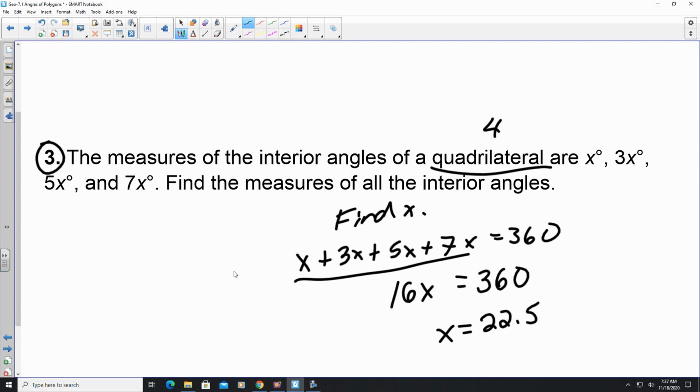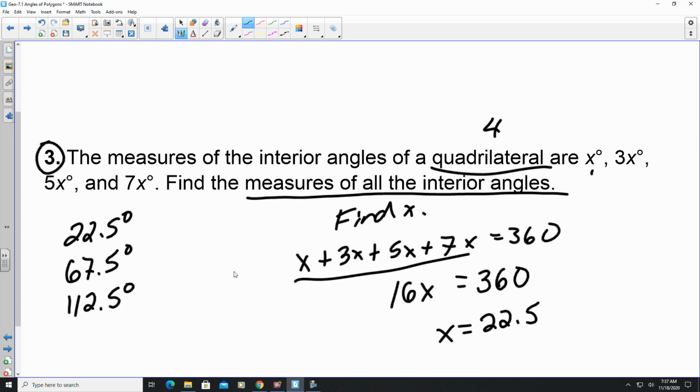Now, in this particular instance, that doesn't solve the problem because they want you to find all of the measures of the interior angles. The first one, x, is 22.5 degrees. The second one is 3 times 22.5, which gives me 67.5 degrees. 5 times 22.5 will get me 112.5 degrees.